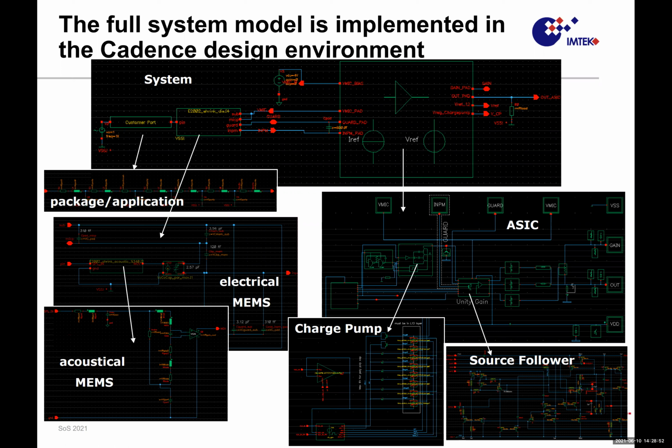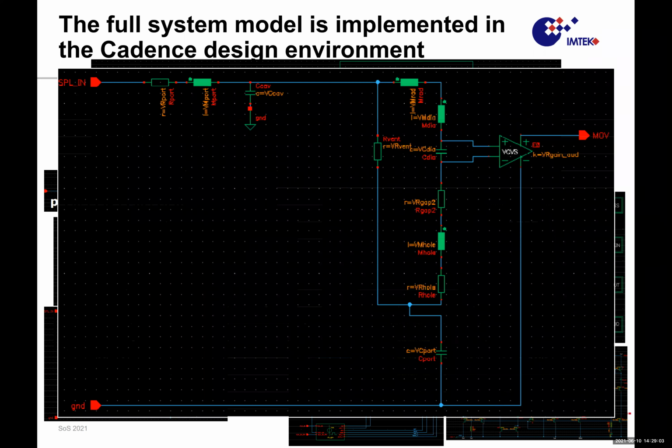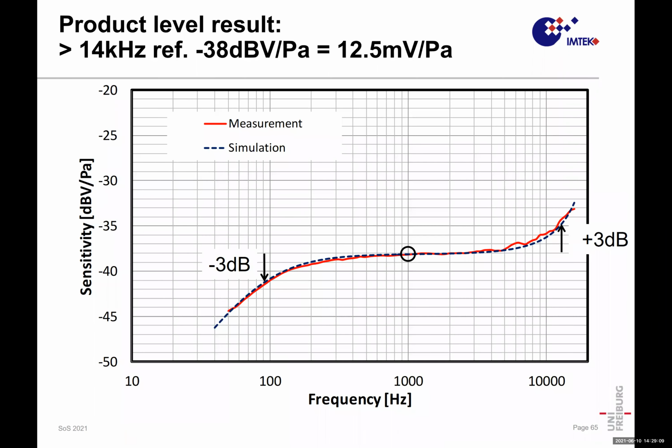So, all together, this is being simulated in terms of signal bandwidths and finally also noise. And here's the inside of this microphone model, which we discussed before. And this is the result of such an element.